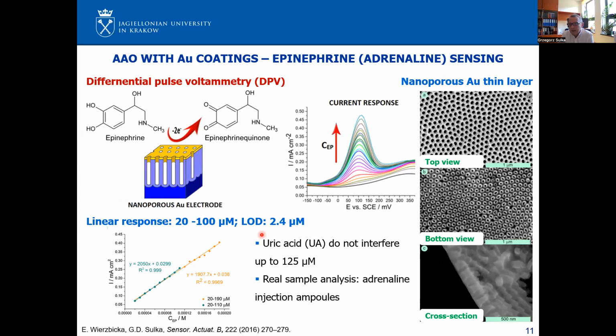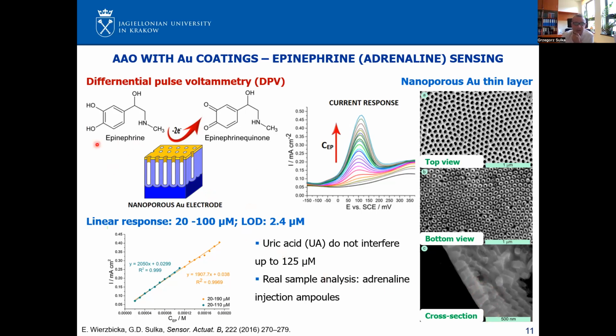With nanoporous anodic aluminum oxide, it's quite easy to sputter on the top of such oxide a gold layer or other thin metal layers. Here's an example of a thin gold layer which was sputtered on the top of such a substrate, and the thickness of that layer was something like 150 nanometers.